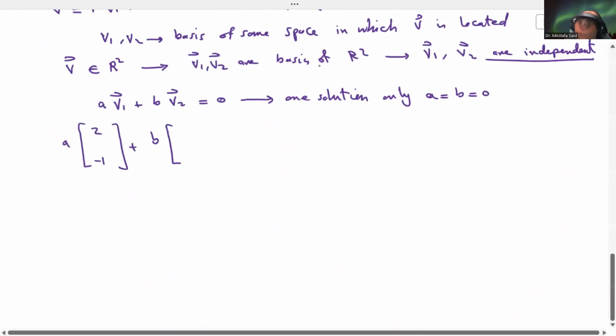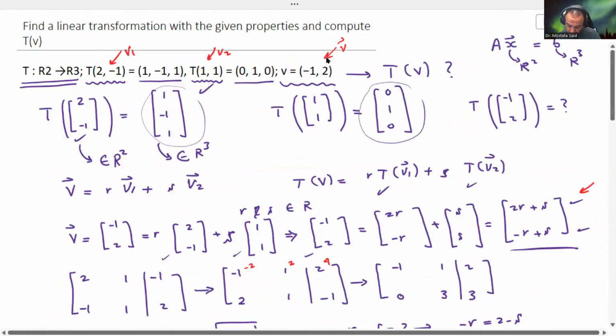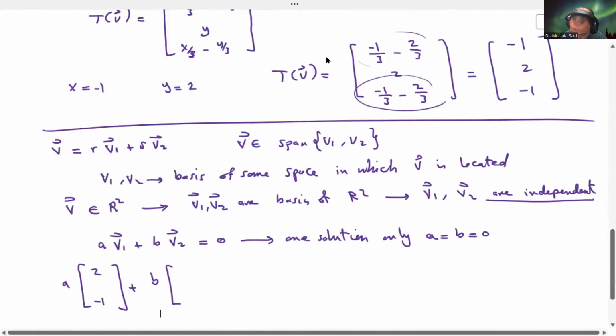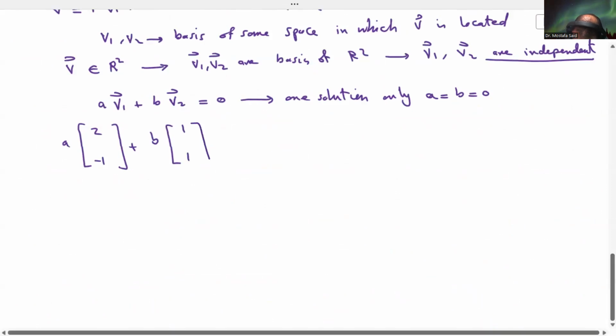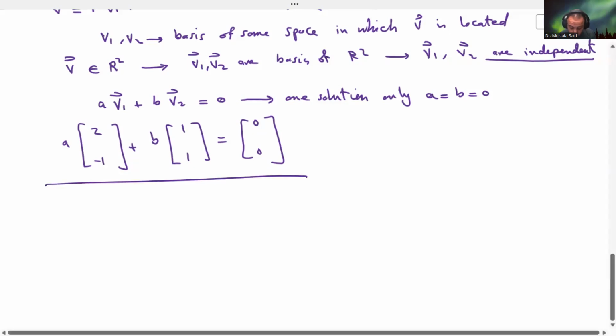Plus b, and the other one, I think it's 1, 1, yes. Equal to the 0 vector. We should find out that the only solution for that equation to hold is when a and b are equal to 0 at the same time.